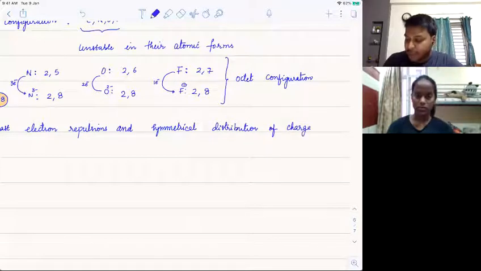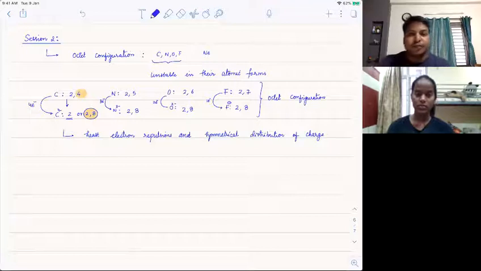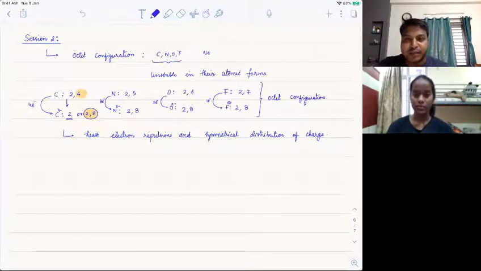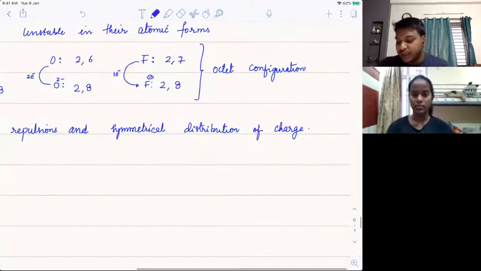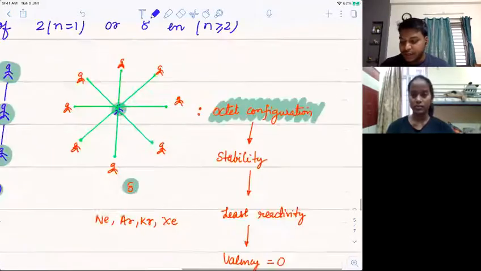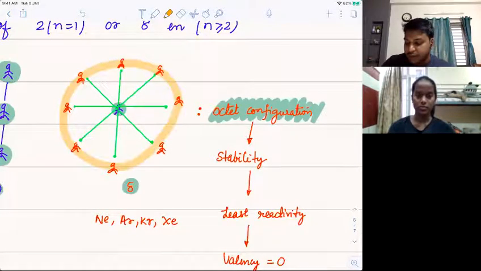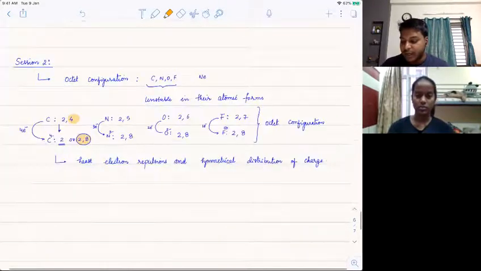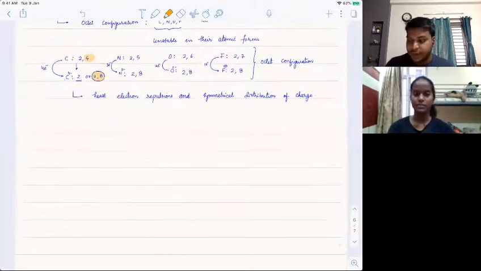Whenever an element gets octet configured, it has the least amount of repulsions once it has become an 8 electron system, and it goes for symmetrical distribution of the charge over the surface. The other day we discussed this. You can say this is a completely symmetrical way of distribution. To attain this type of distribution, these atoms are trying to get 8 electrons in their system. I hope you understood that.